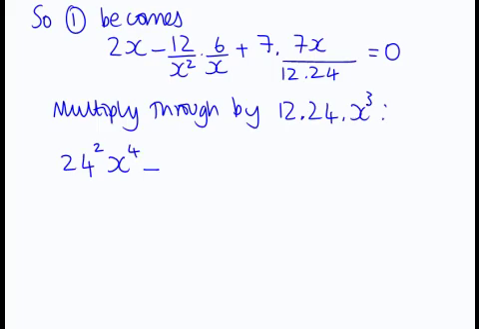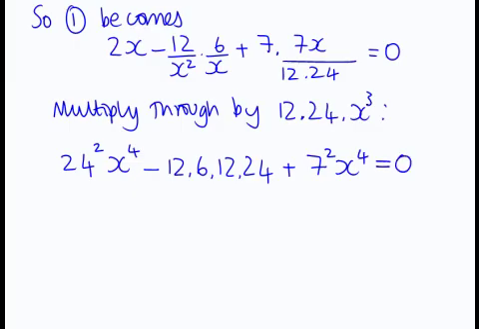The next one, the x cubed will cancel, and I've got a 12 times a 6 times a 12 times a 24. So I'll sort that out in the next line. And then here I've got 7 squared times x to the 4, and I still have 0 on the right hand side.